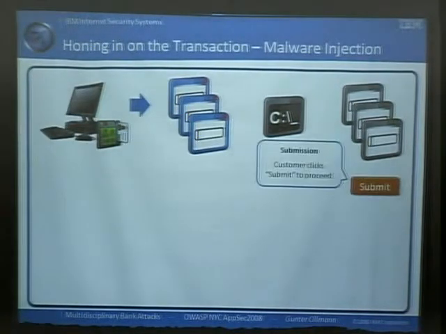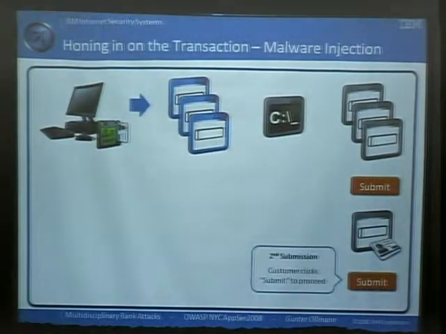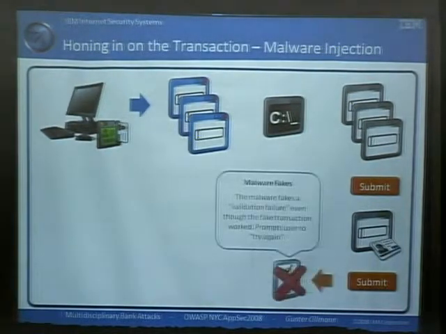So you go through the submit button. You then get a request for the validation. Okay. However, this submit button and this validation haven't come from the bank. Okay. So the malware has actually created the fake submission button and the fake validation. So you enter the validation information, then you finally click submit, and it comes back with an error message saying, sorry, that didn't work. Okay, it hasn't sent anything to the bank at that stage.